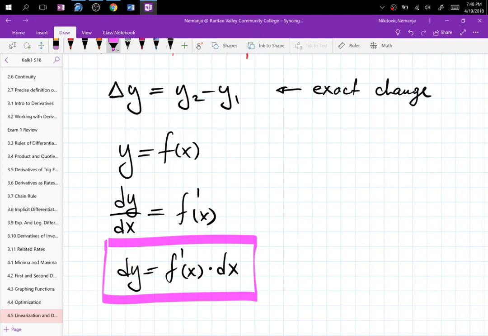Now, everyone is clear that this f prime is the derivative. What you are not clear on yet is that this dx is the same as delta x, which is x2 minus x1. It's x2, that's new, minus old. New minus old.